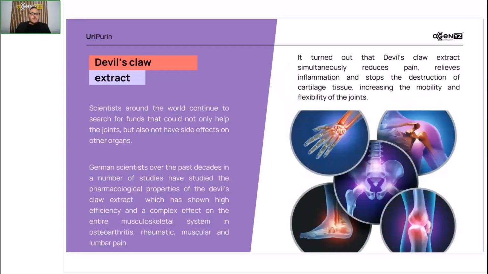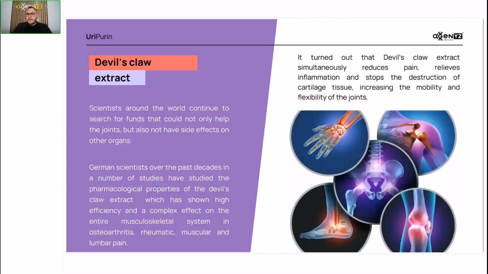Scientists around the world continue to search for agents that could not only help the joints, but also not have side effects on other organs. German scientists over the past decades, in a number of studies, have shown the properties of devil's claw extract, which has a complex effect on the entire musculoskeletal system in osteoarthritis, rheumatic, muscular, and lumbar pain.